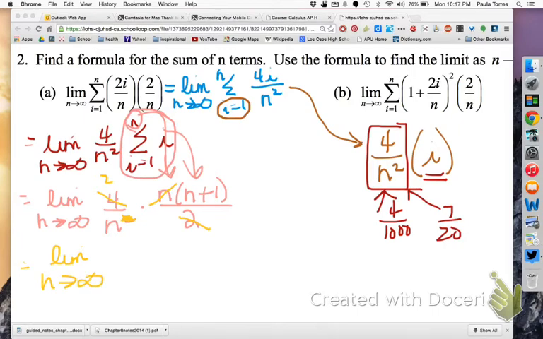So let's see what I have after all that messy crossing out. And while I'm at it on top, I might as well now distribute that 2. So I'm going to have 2n plus 2 over just the n on bottom, because remember that 2 got canceled out. And then I go, oh, it's a fraction, but both parts of the top are being divided by n, so I can split it.